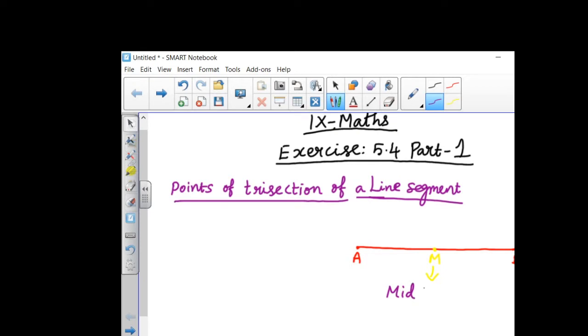Its another name is bisection point. So midpoint or bisection point.